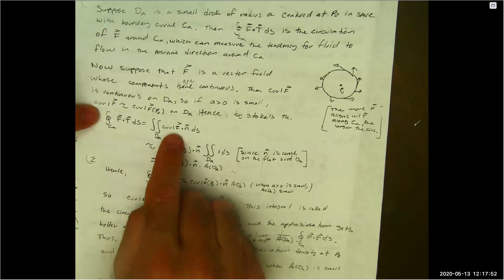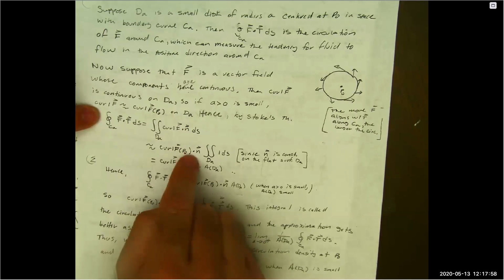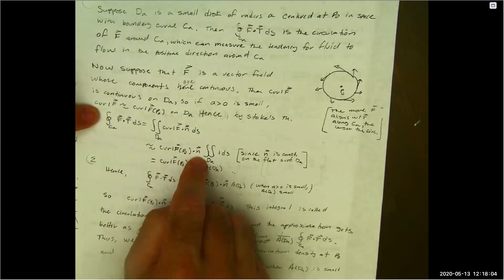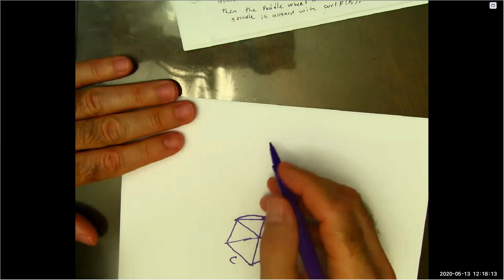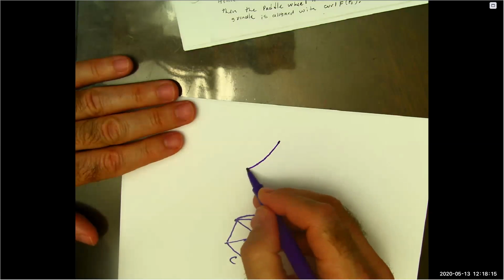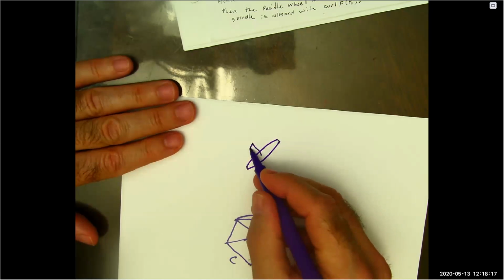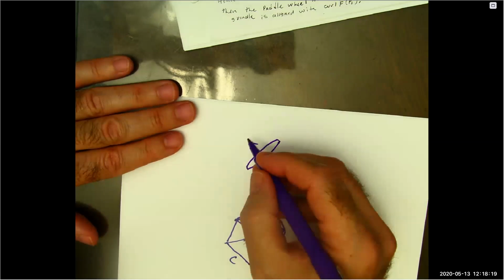Now, what we can say is that the curl of F is approximately equal to the curl of F at P sub 0. And then n is constant because the normal to a flat plate is going to stay the same. The normal to a flat plate is going to stay like that.